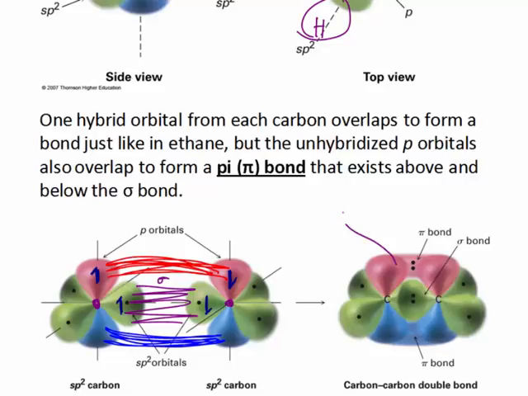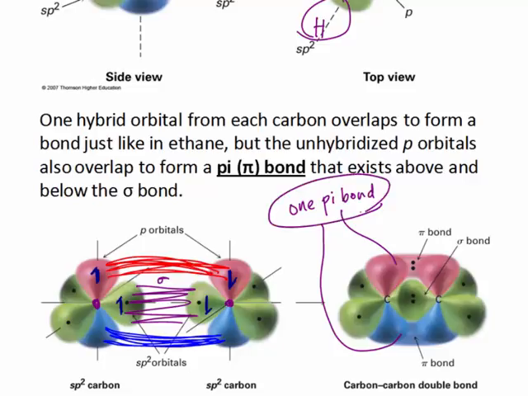There's 2 parts of it. Let me make that very clear that this is 1 pi bond all together. So the top is half of a pi bond. On the bottom, that is half of a pi bond.